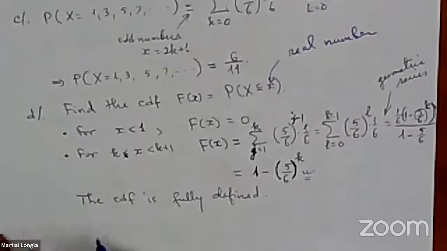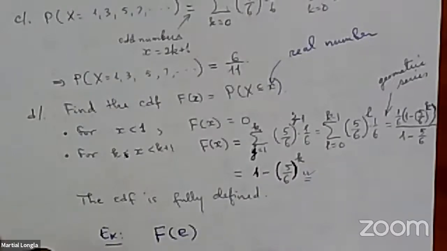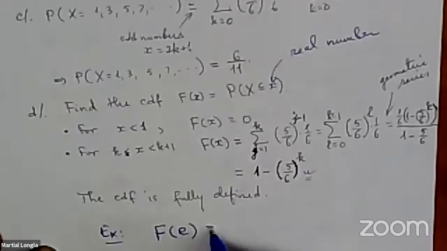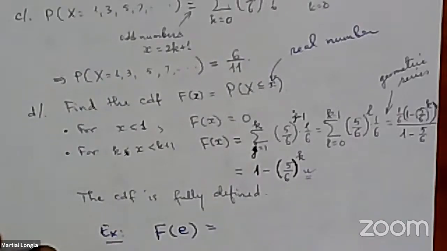Because again, if you put the formula with x here, that means if I ask you, for example, find capital F of e, what is it equal to? Is it 1 minus 5/6 to the e? No. How much is e? 2 point something, surely less than 3.